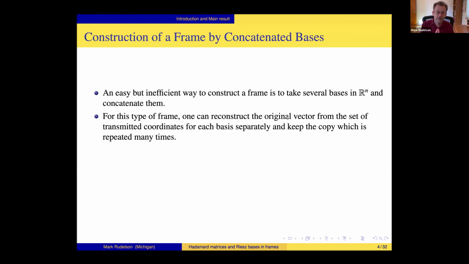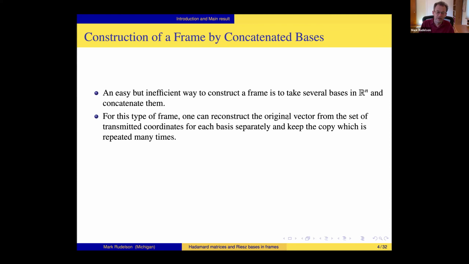So one way to construct a frame is very easy. We just take the same basis, repeat it many times, and concatenate them. This way, we get an ideal frame with the frame coefficient 1. And this is a robust way because if we transmit it along the channel, we lose several coordinates.